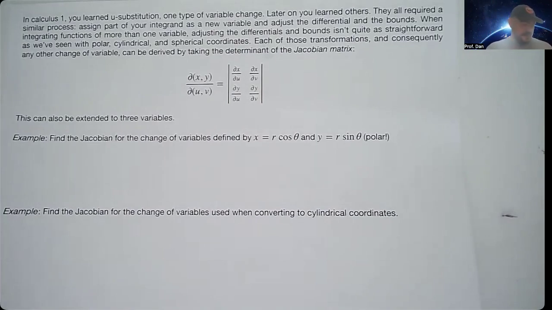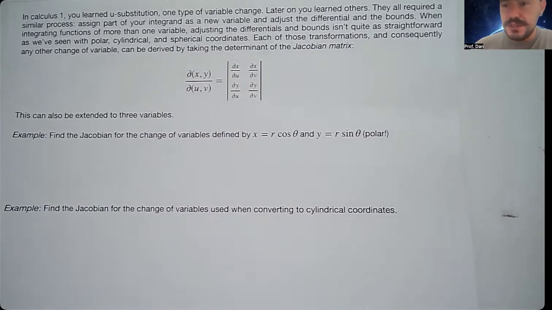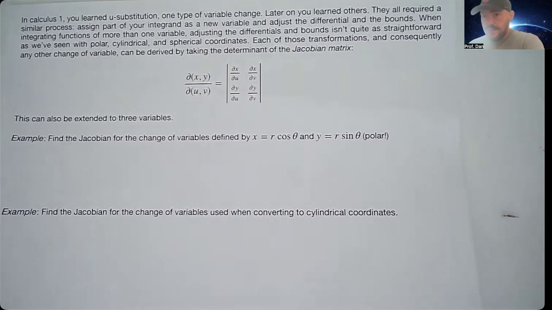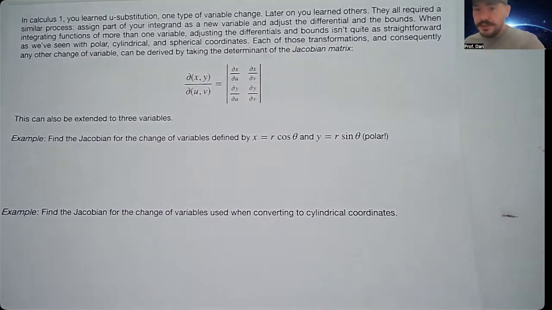And as we saw in a couple of the examples in the last video, when you do a U substitution, a lot of times you do have to end up multiplying by something when you change the differentials. When we have functions of multiple variables, the same thing is possible. So we keep track of it with something called the Jacobian matrix.